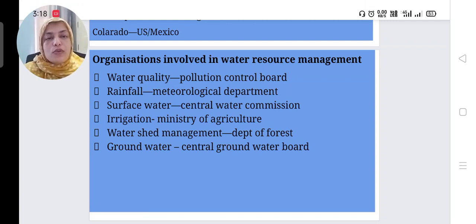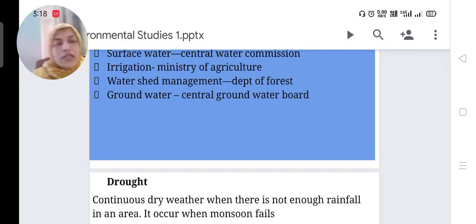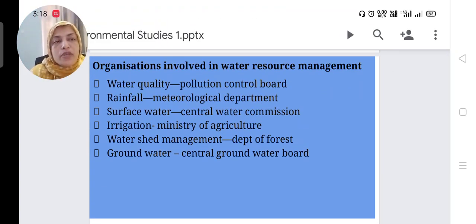Then to study surface water, the Central Water Commission. For irrigation, the Ministry of Agriculture. Then for watershed management, the Department of Forest. Then for the management of groundwater, the Central Groundwater Board. So these are the major government departments for the management of water resources.